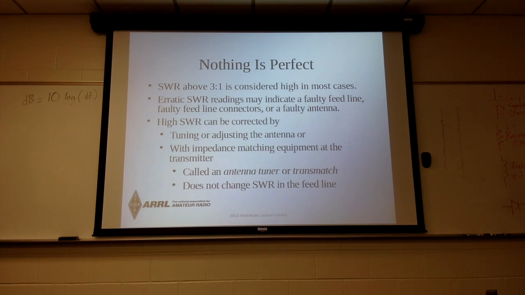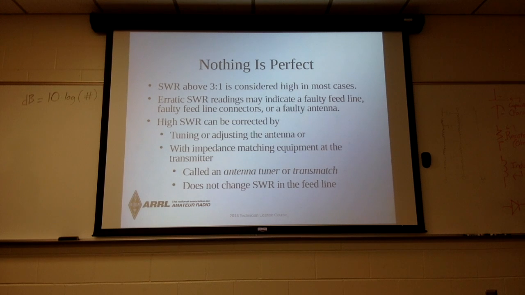Now, the other thing is you can also change the frequency, because sometimes you might operate an antenna at 146 megahertz. You've got a 3 to 1, but you operate at 144 something, and it's 1.2 to 1. And that's just because that particular antenna has particular characteristics that are different at different frequencies. So not all antennas are created equal, and not all antennas have infinite bandwidth.